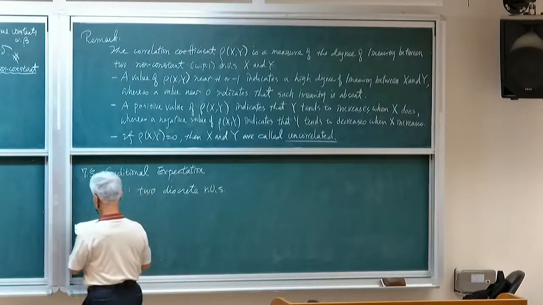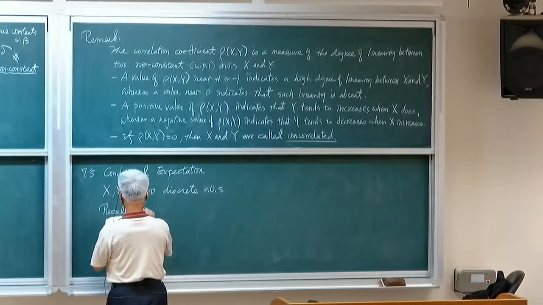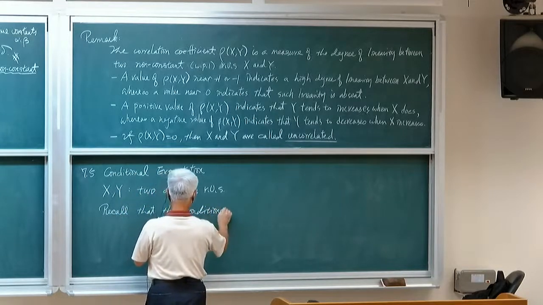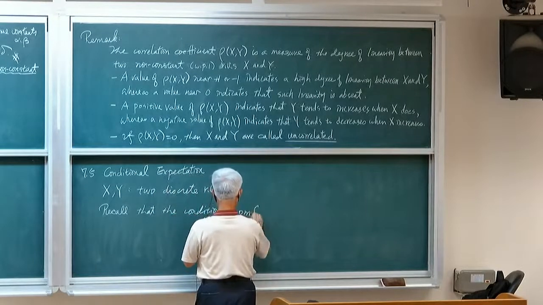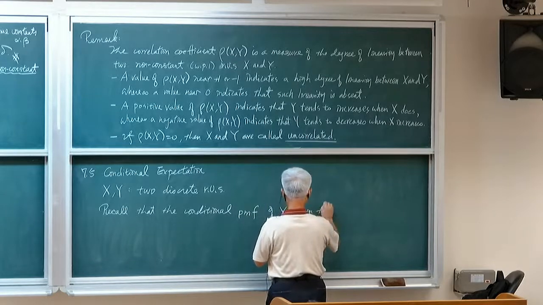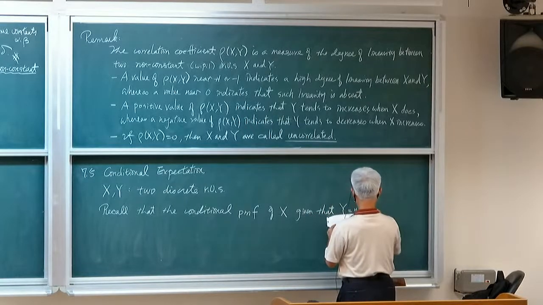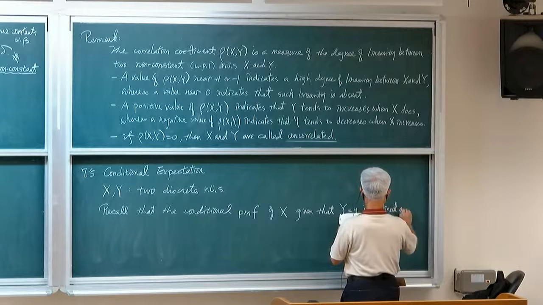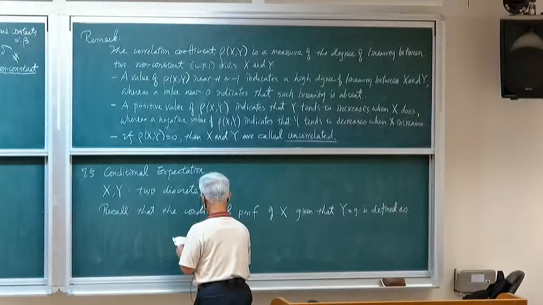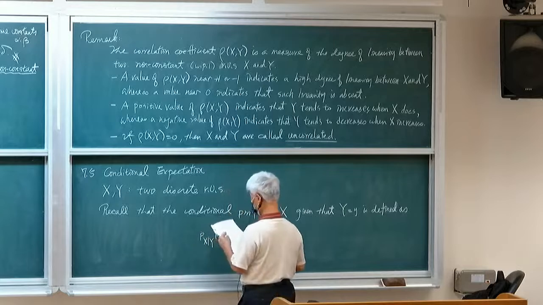And recall, first of all, that the conditional PMF of X given that Y equal to little y is defined as little p_{X,Y}(x, y) divided by p_Y(y). It's defined the following way.